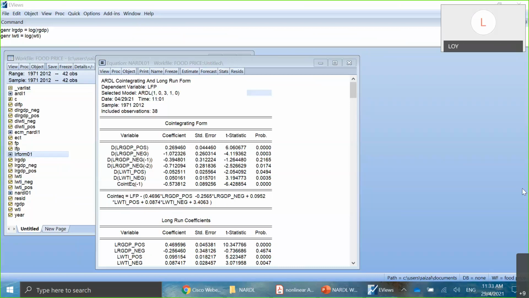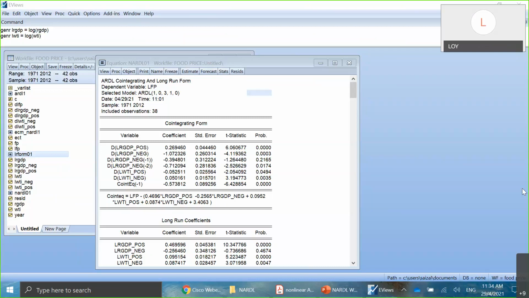My line is breaking up. The difference between co-integration test and ARDL model.